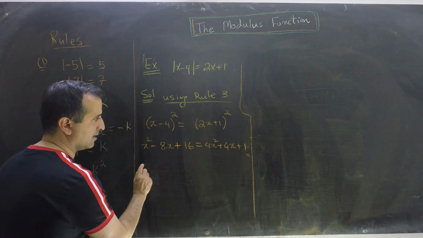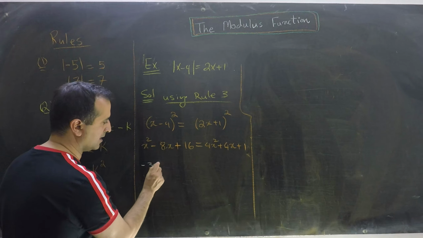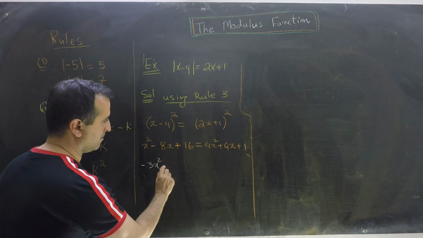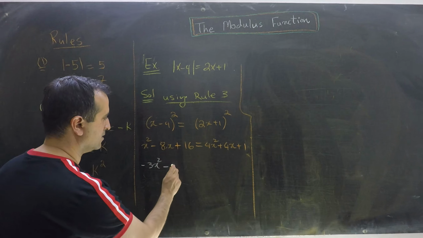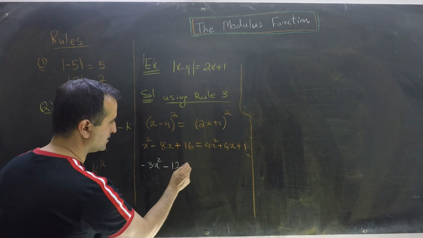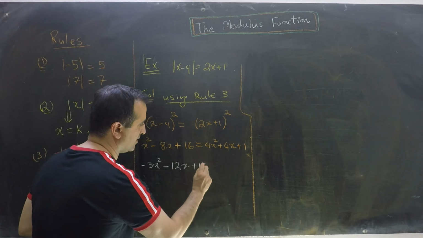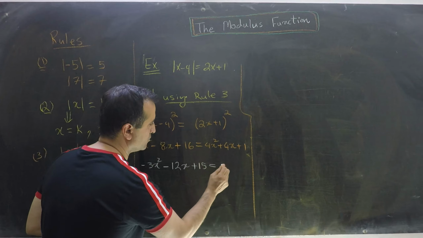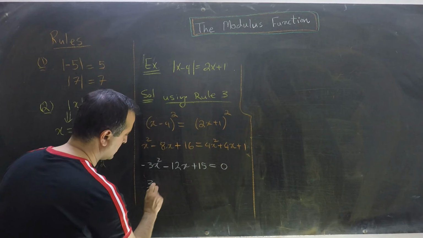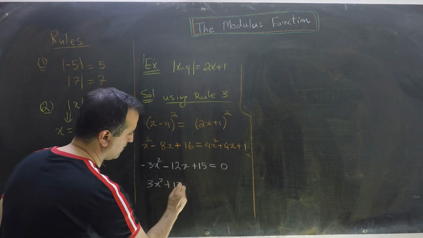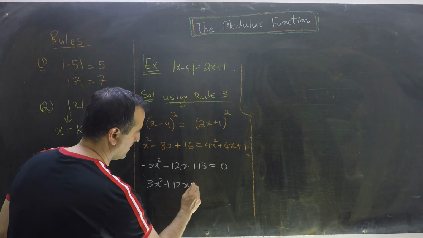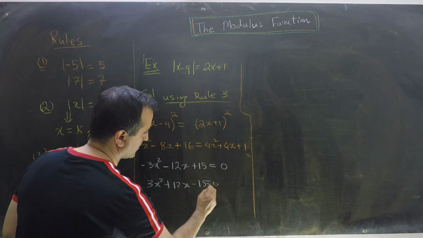It will be minus 3x square minus 12x plus 15 equals 0, that is, x square plus 4x minus 5 equals 0.